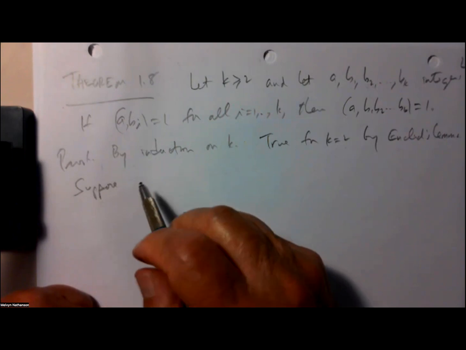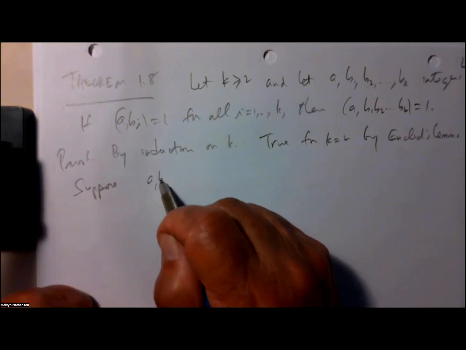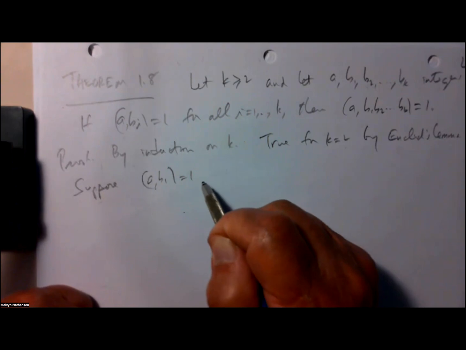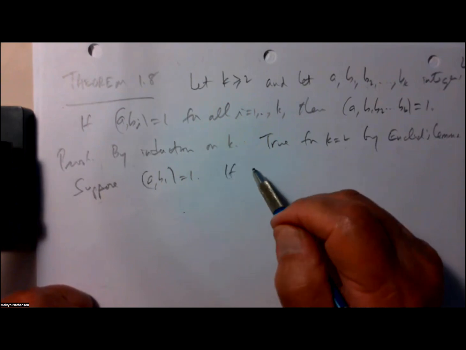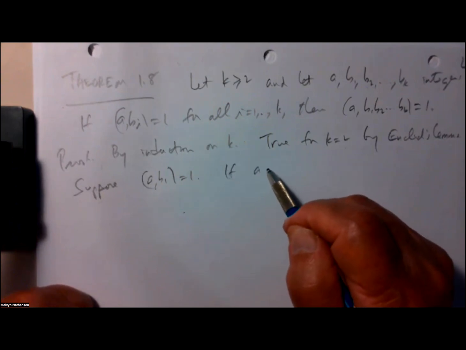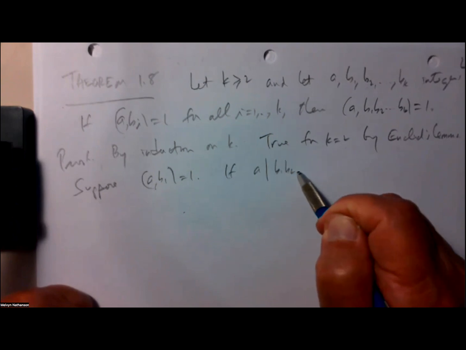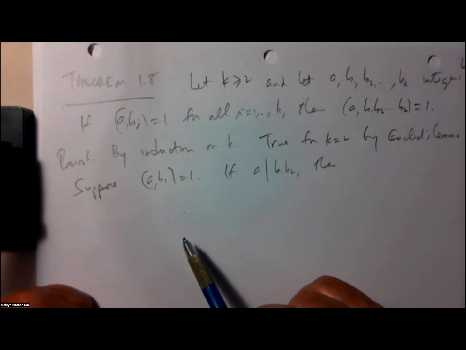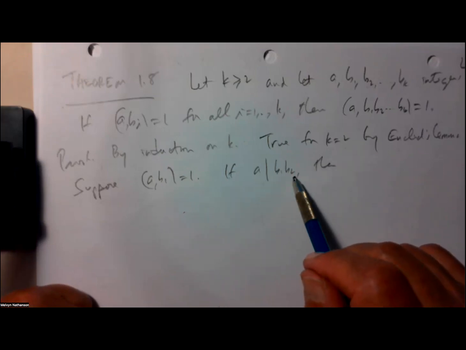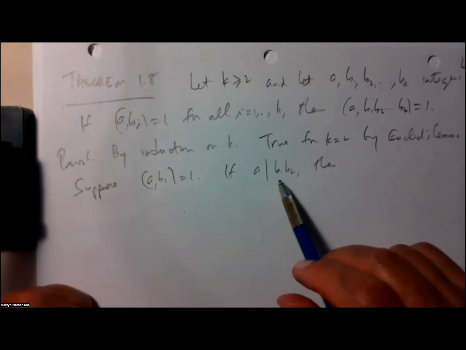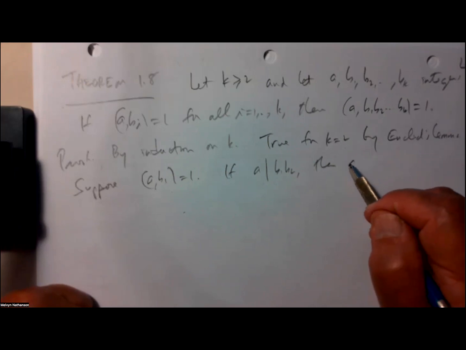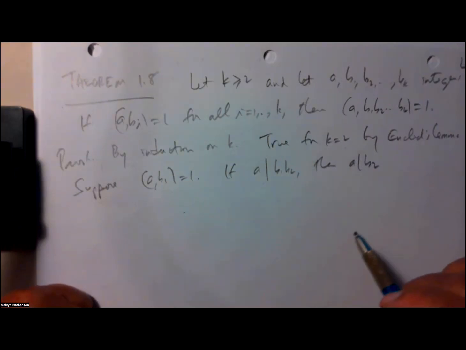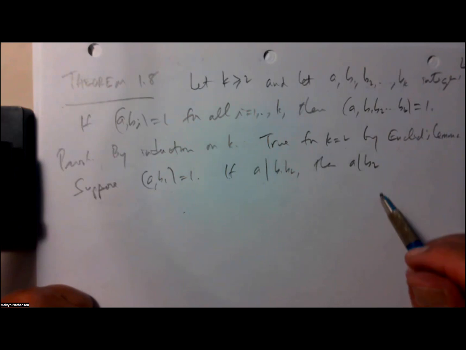So suppose the greatest common divisor of A and B1 is 1. If A divides B1 B2, then by Euclid's lemma, what does it say? If A divides a product and is relatively prime to one factor, then it divides the second factor. So then A divides B2.